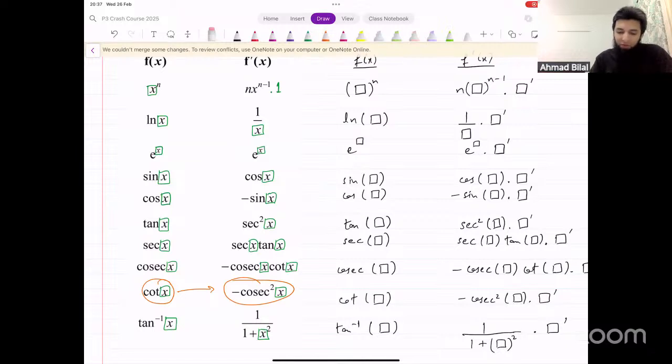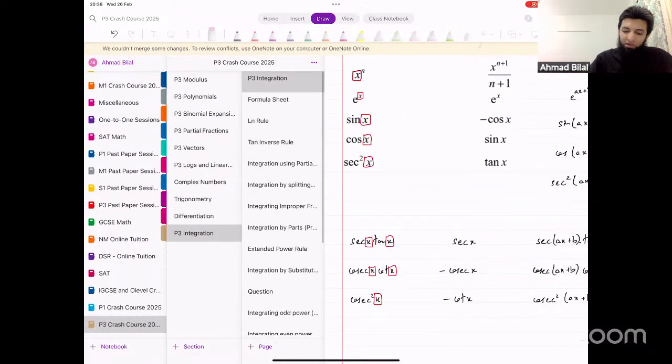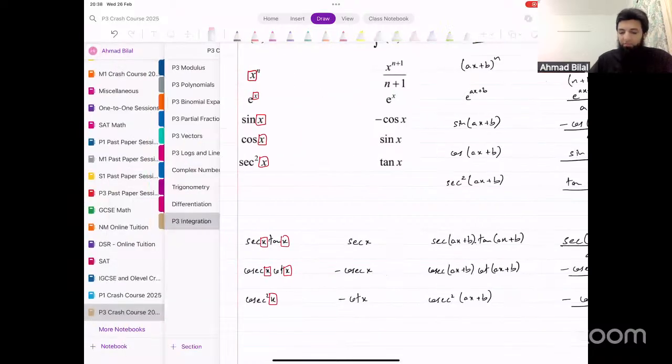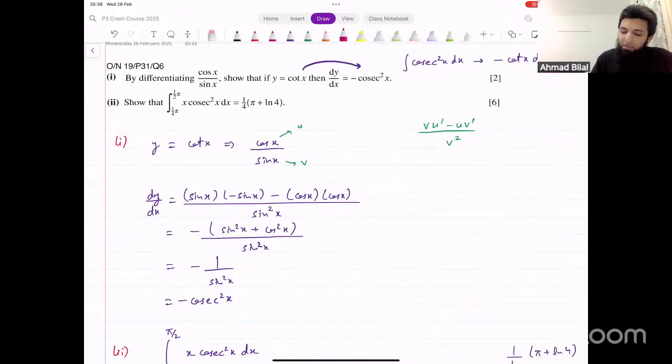If the derivative of cot x is minus cosecant square x, we can reverse this to say that the integration of cosecant square x should be minus cot x. We did that in our very first class on integration as well. Okay, so they've given us a hint there, and that's what we can use.